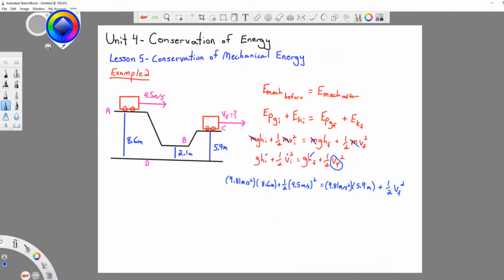Alright, the rest is solving in algebra. If you solve these out, you're going to get some value. You can rearrange this over to the other side, and then you can multiply your value by 2 or divide by 1/2, whatever you like.